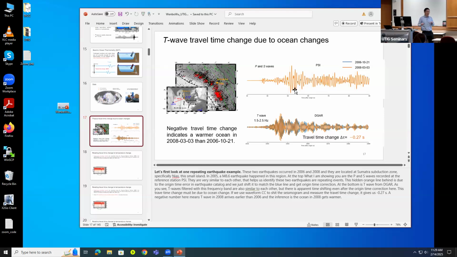There is some debate about that, for example using the cross-correlation coefficient, what threshold you choose, 0.8 or 0.9. But it's not a problem for us, because even if the cross-correlation coefficient is low, which means the two earthquakes have a larger distance separation, we have the uncertainty estimate for that. For larger distance separation, we just put larger uncertainty on these measurements. This is what we do in the inversion. Once we have a good quantification of the uncertainty, we can put even that data into the inversion.